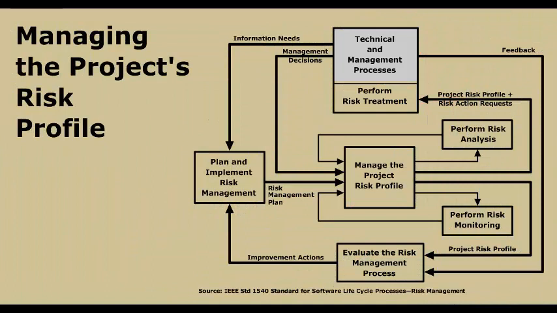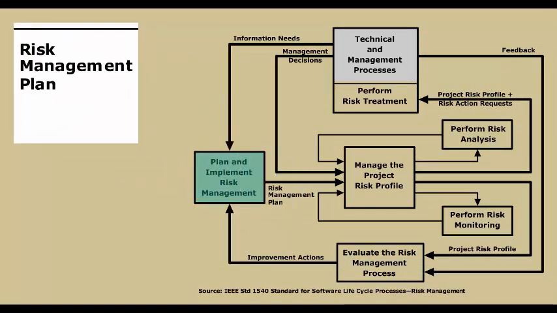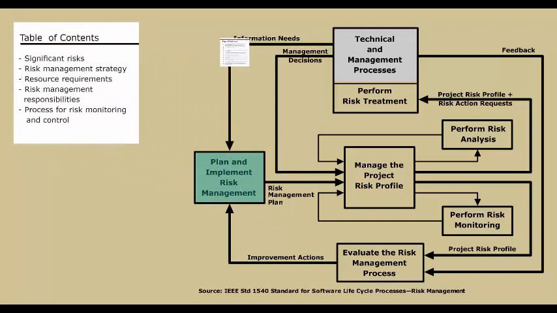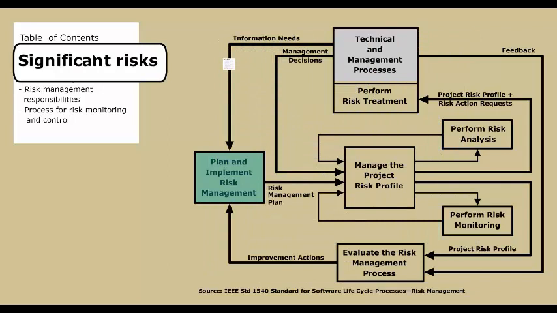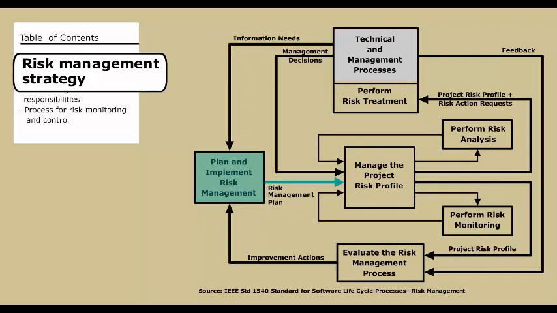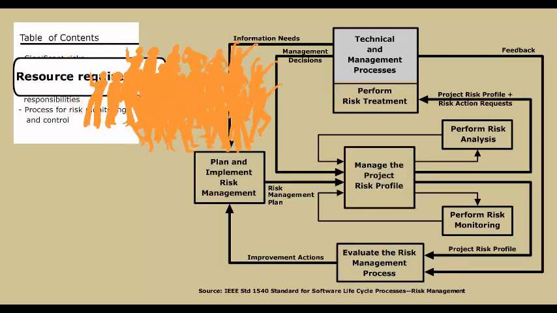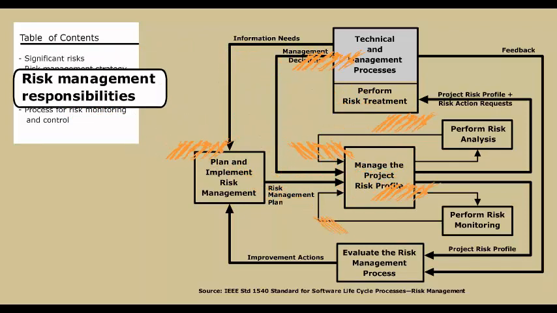At project commencement, the overall approach to managing the project's risk profile is documented in a risk management plan. The plan identifies significant risks, focusing on the top 10 risks from the risk register. It outlines a broad strategy for risk management. It specifies resource requirements.